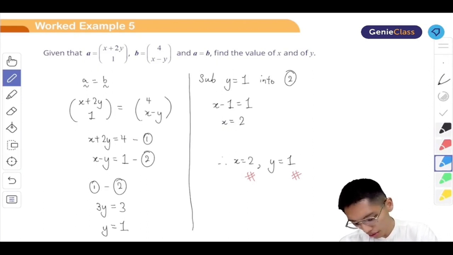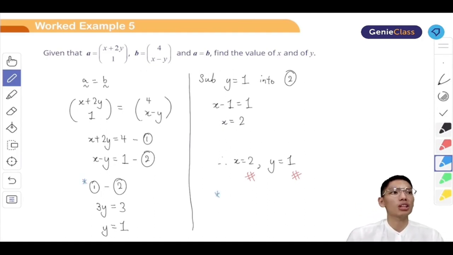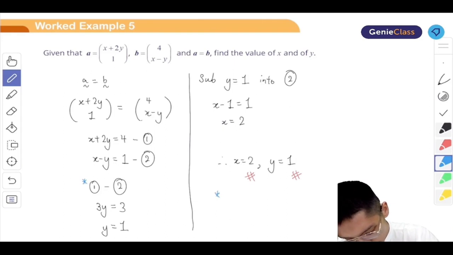So 1 minus 2, I'm going to have this. So when I subtract, maybe I just write it here. What's the notion of 1 minus 2? I hope this makes it a little clearer. Okay, I'm going to subtract. So in this case, x plus 2y minus x minus y over here, 4 and 1. Okay, these two are equal, like this.